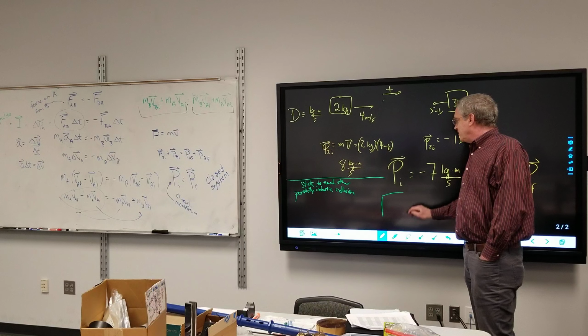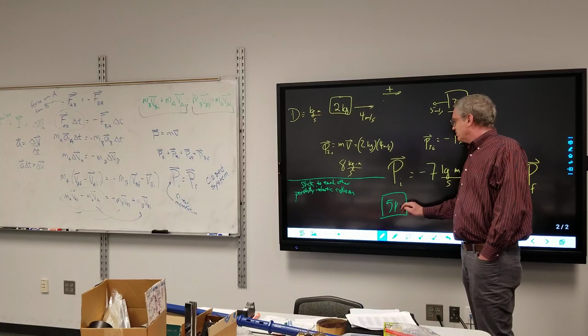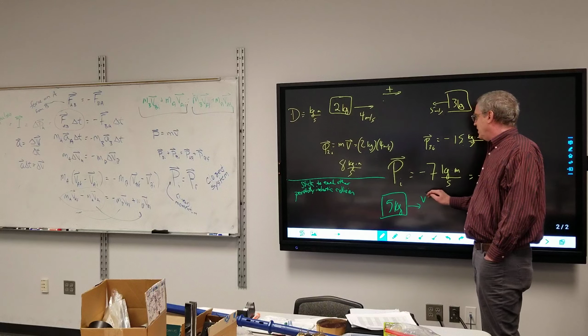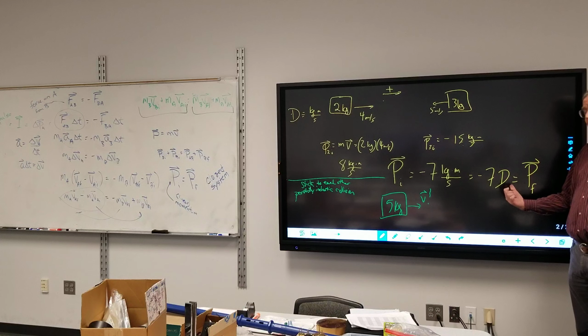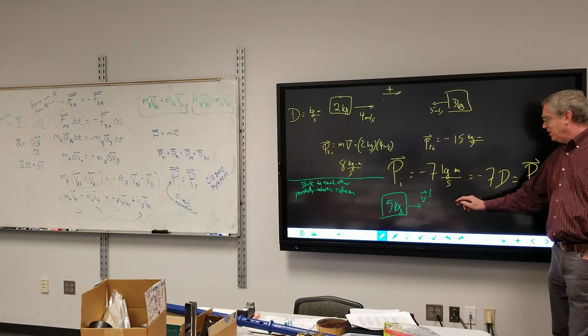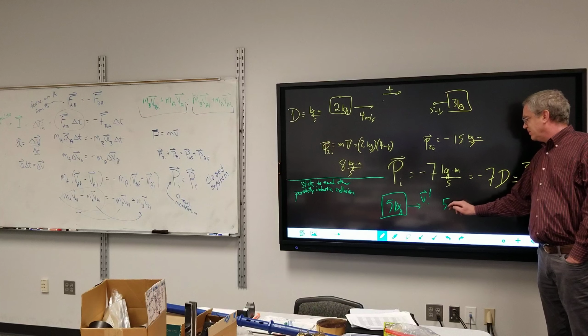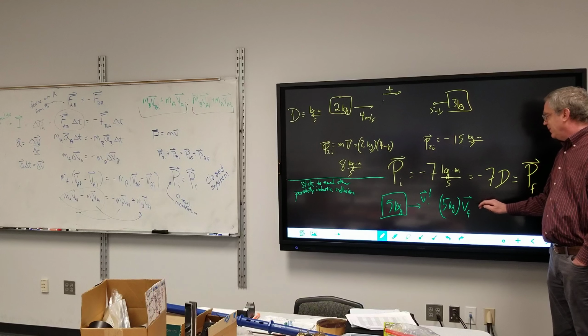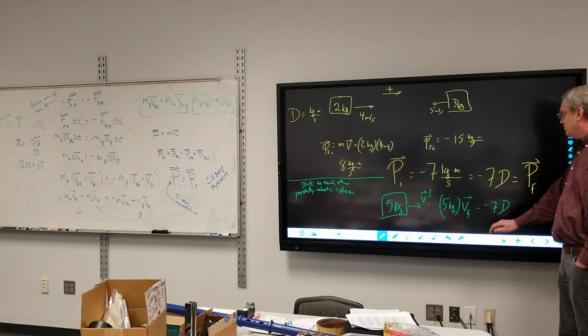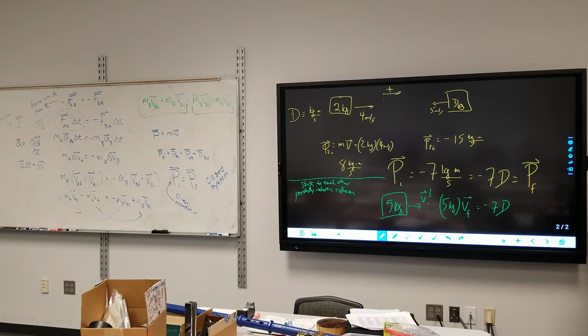So when they collide, it's now a 5 kilogram mass going at some velocity. Well, I know what the total is. It's -7. So I have 5 kilograms times final velocity is equal to -7. What is my final velocity?